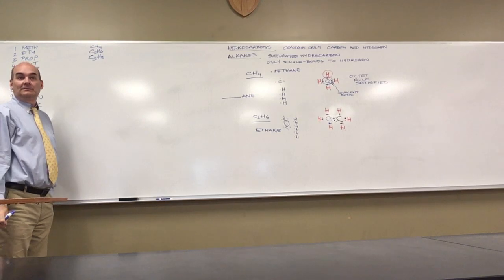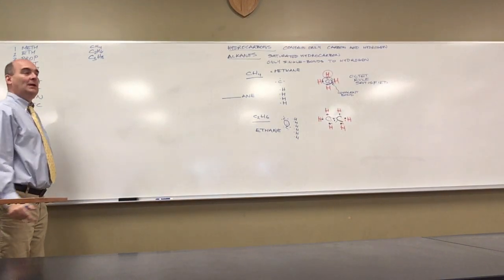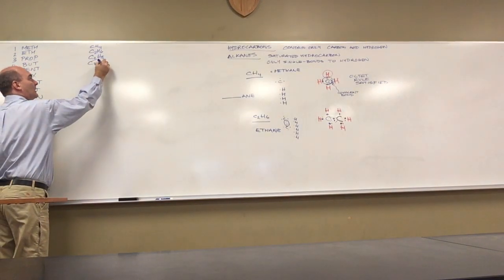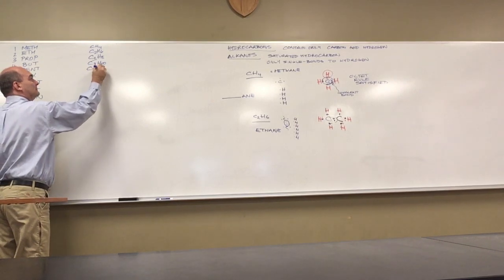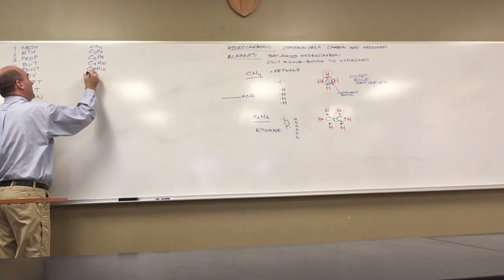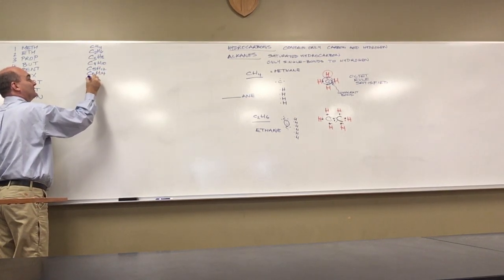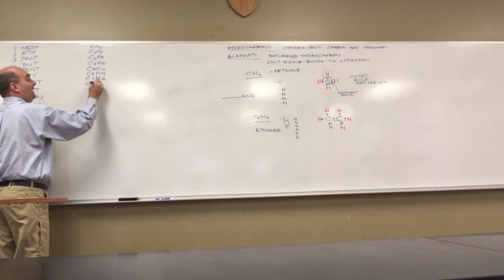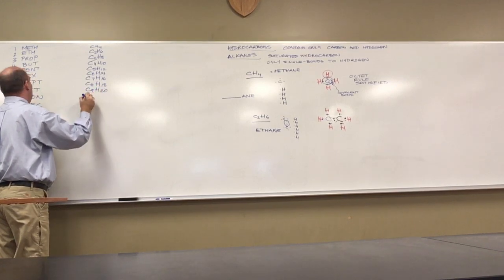You haven't figured it out just yet. You will in a minute. What would butane be? C4H10. And pentane? C5H12. And hexane? C6H14. C7H16. And C8H18. And C9H20.